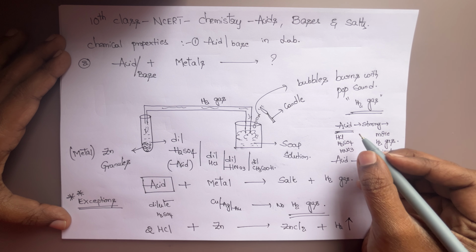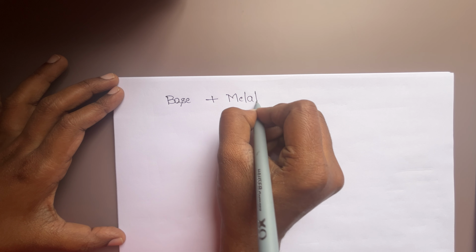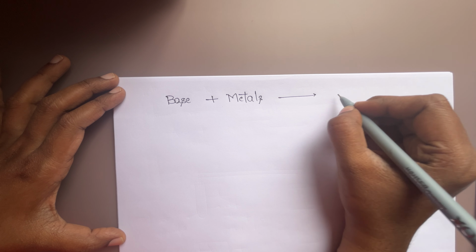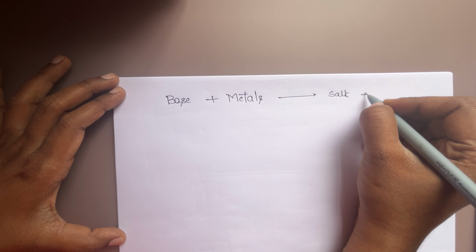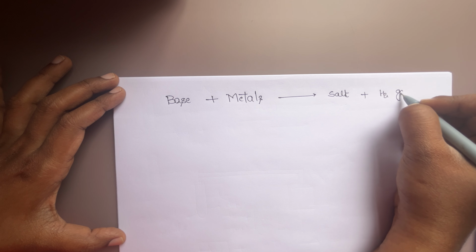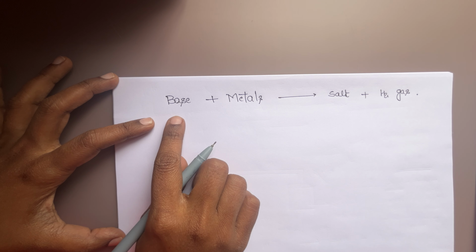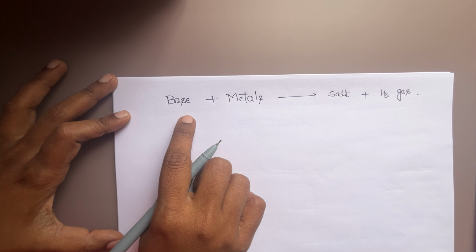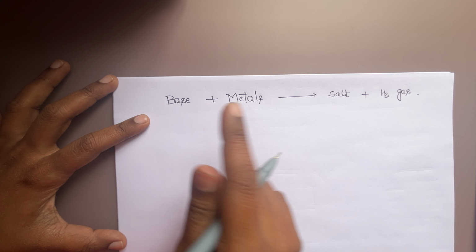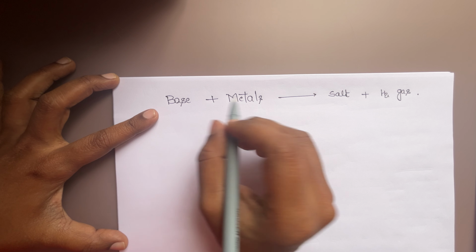Now let us see the bases. Bases reacting with metals: what happened in this also? Salt plus hydrogen gas is produced, but this reaction is very complicated. All metals usually do not react with bases.